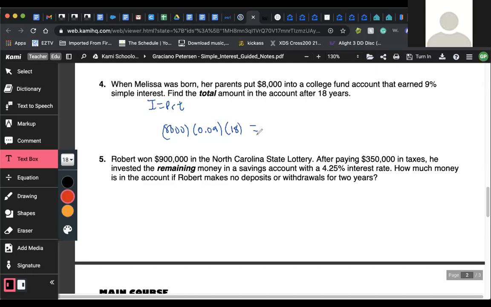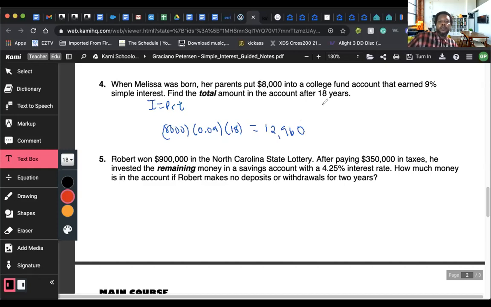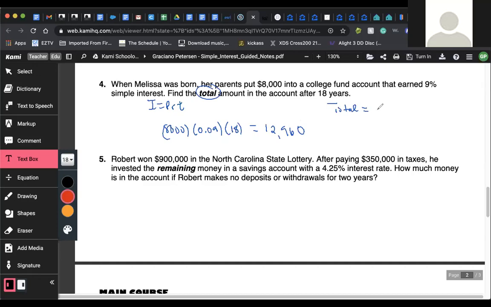So what did you get for the interest? 12,960. You got 12,960. Is that what everybody got? Yes. Okay, and then so what is the total amount? Do you add the 12,960 with the 8,000? Yep. 20,960.